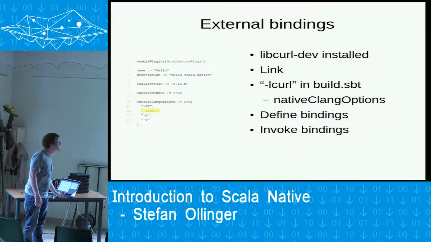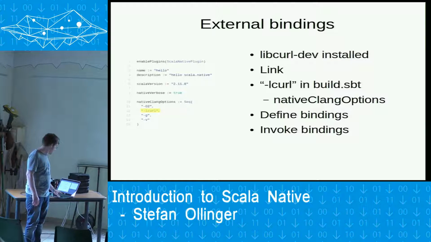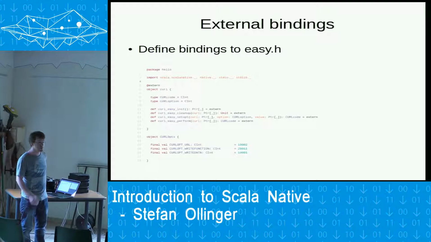This is what the bindings do. That's a build file where you define how the build works and the dependencies, and you just add a dependency for LLVM so that it links libcurl to the binary. Then you can write bindings in Scala code to the C library. Those are the curl easy functions.